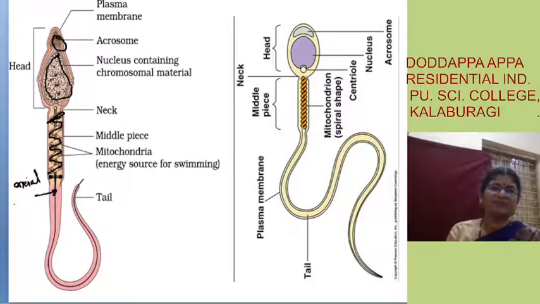That is the next question. Fine, axial filament which forms the tail. So you can't see this filament clearly. Okay, let me rub this one.